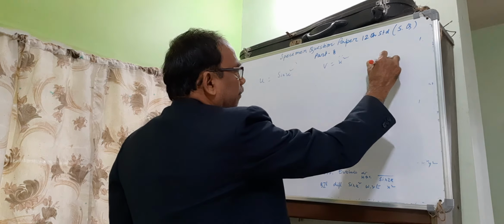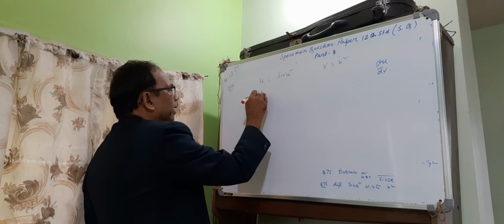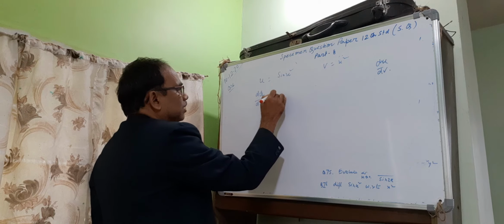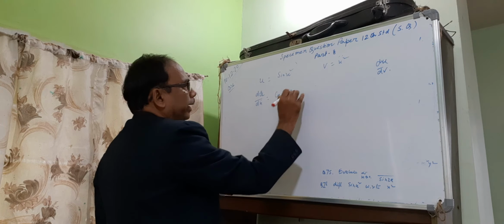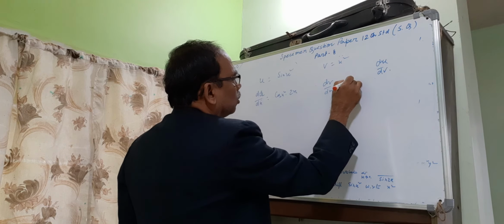Differentiating du by dx: sin x square derivative is cos x square, for x square chain rule 2x. dv by dx is 2x.